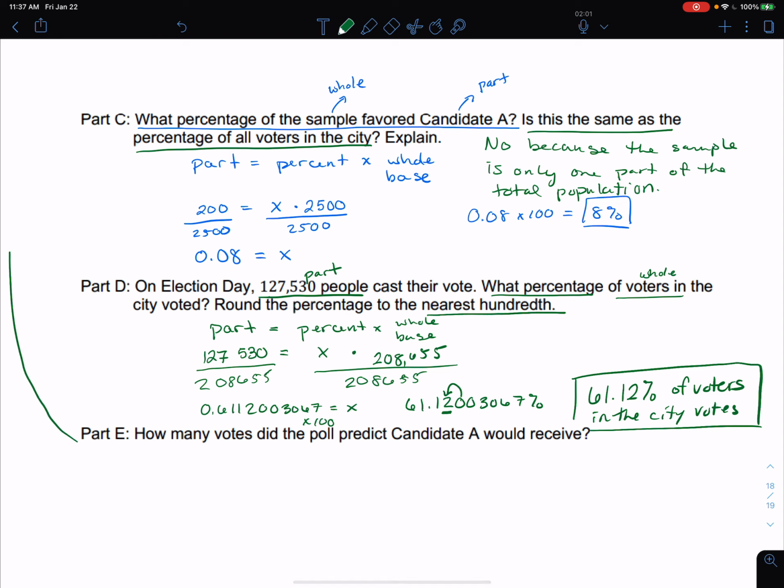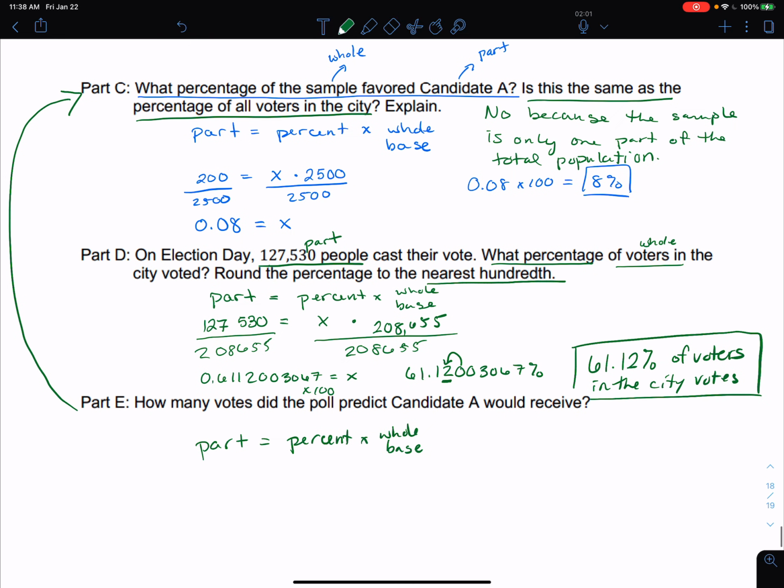So if we look back up to Part C, we figured out that based on the survey, 8% of the survey voted for candidate A. So based on that survey, we think 8% of those votes would go to candidate A. So if we're thinking about part equals the percent times the whole or the base, the part is how many people actually voted for candidate A. We don't know that, so that's our X. The percent is that 8% in decimal form, so that 0.08.